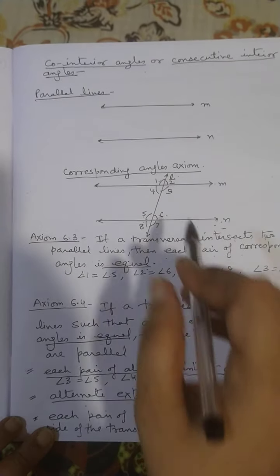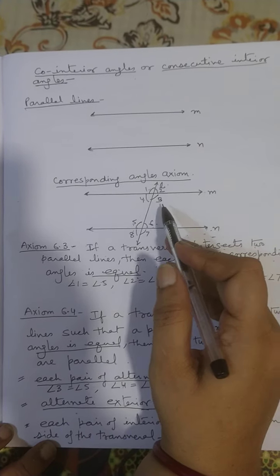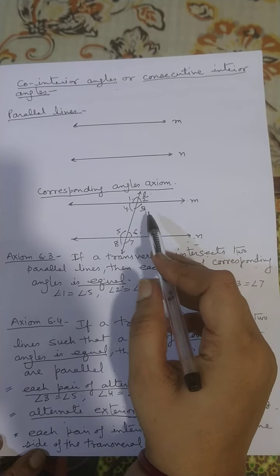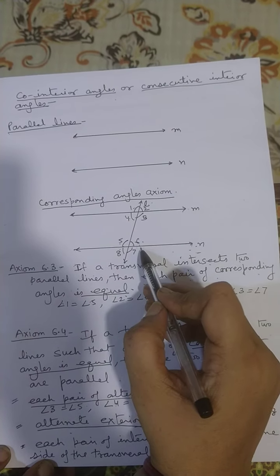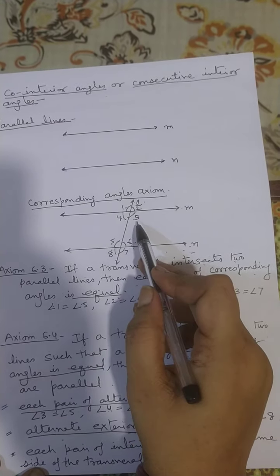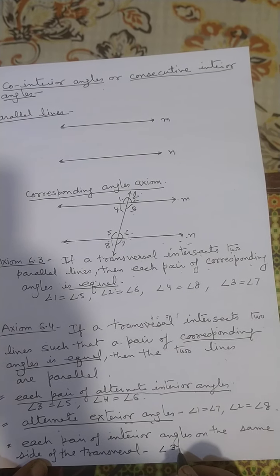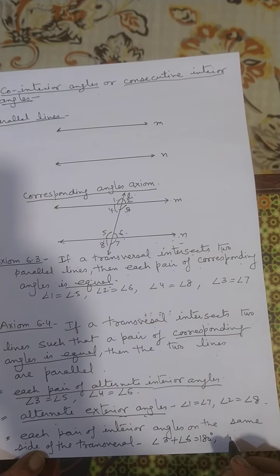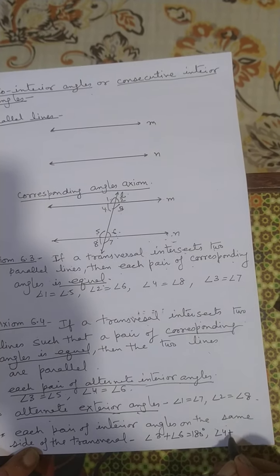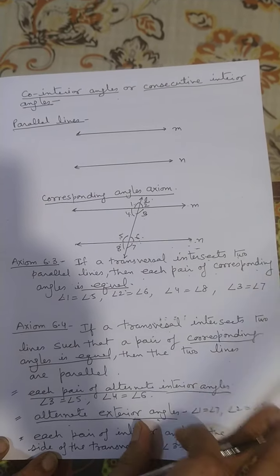And the third is the interior angles on the same side of the transversal. That is, interior angles on the same side of the transversal are 3, 6, 4, 5, and they are supplementary. That is, angle 3 plus angle 6 equals 180 degrees, and angle 4 plus angle 5 also equals 180 degrees.